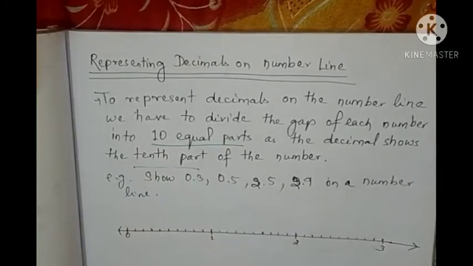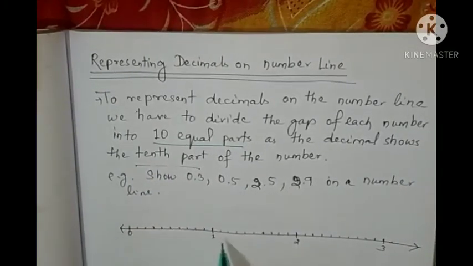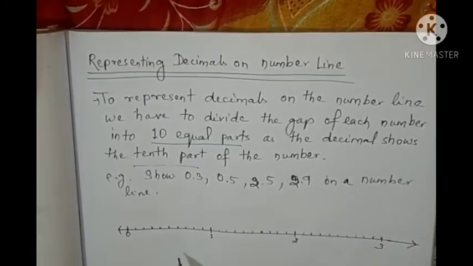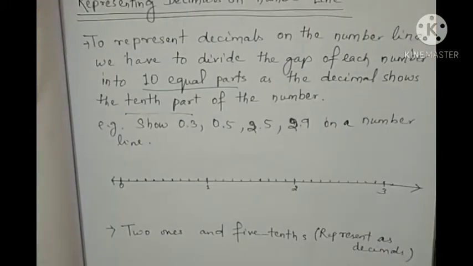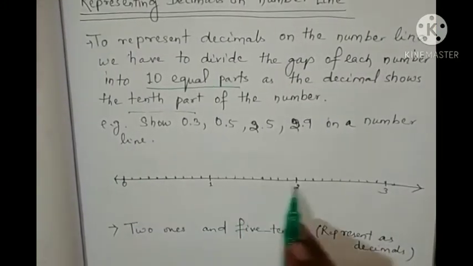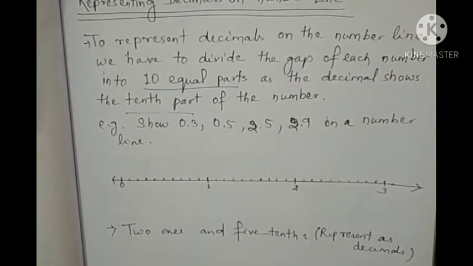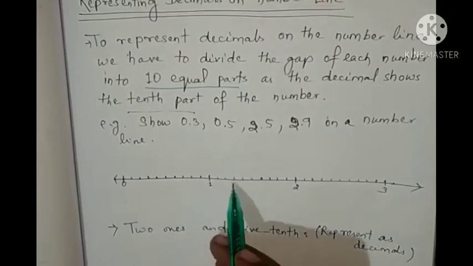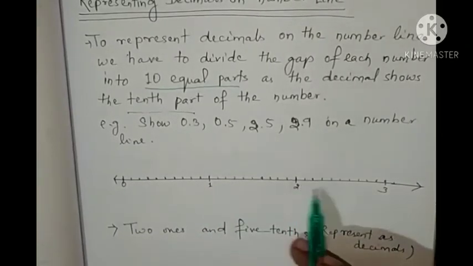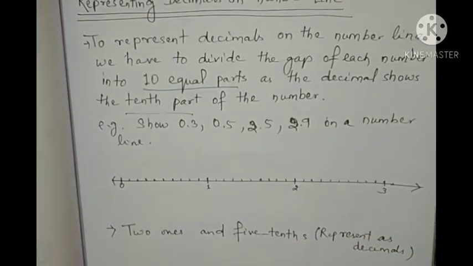part of the number. Okay, so here 0, 1, 2, 3 are whole numbers. From 0 to 1 the gap is filled with 10 parts. Here 1 to 2 also 10 parts, 2 to 3 also 10 parts divided.